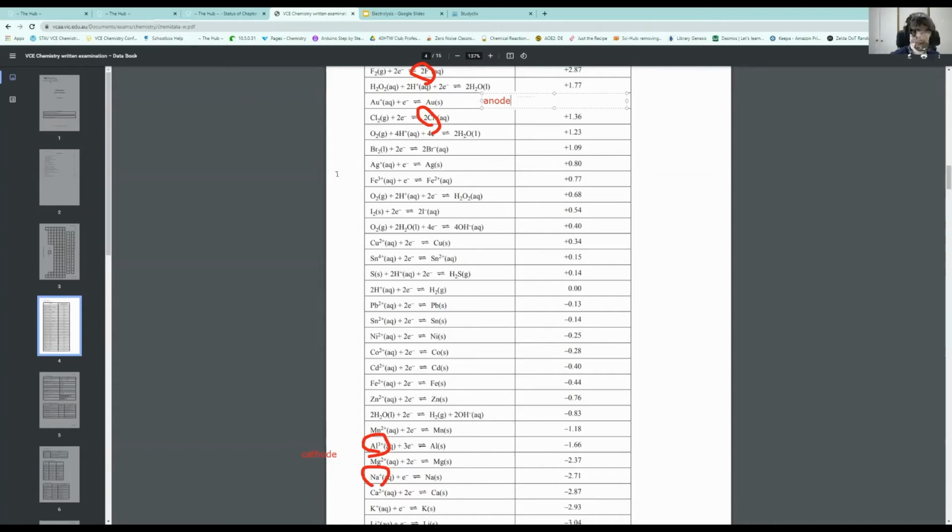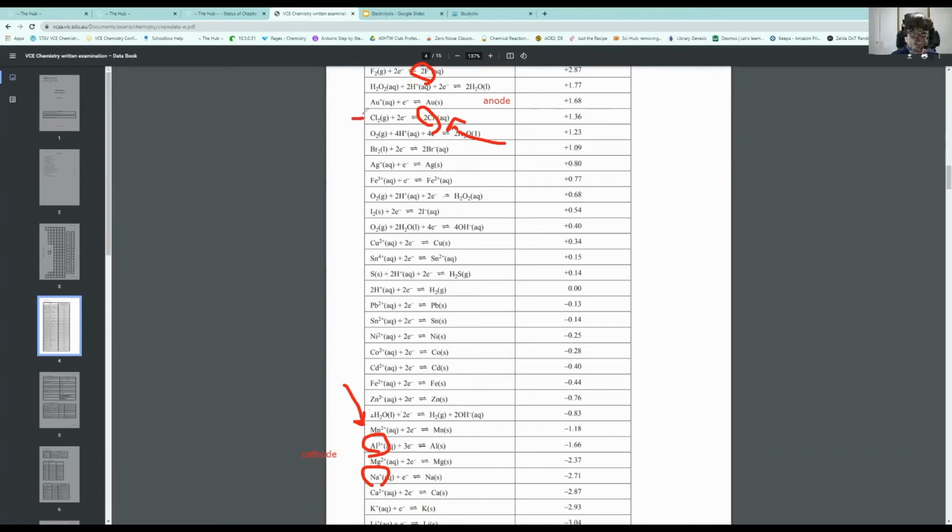And we know that the top one on the left will always react with the bottom one on the right. So the aluminium will be reduced preferentially over the sodium, you can say that it's because it's a stronger oxidizing agent, if you need to give an explanation, and it will react with the chloride.